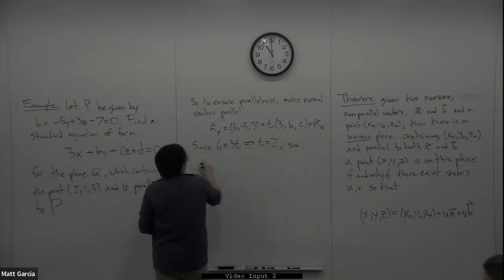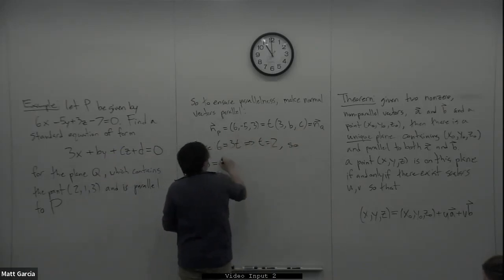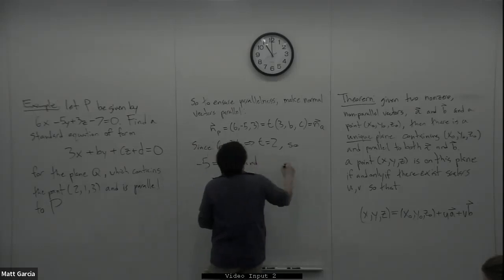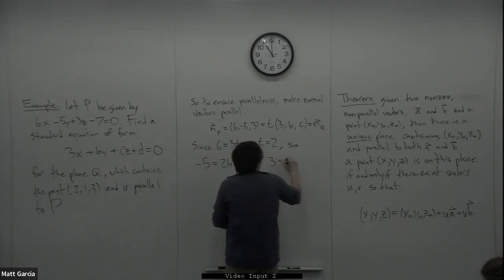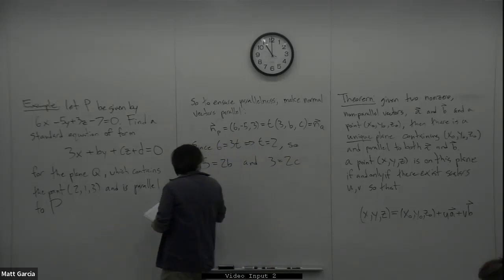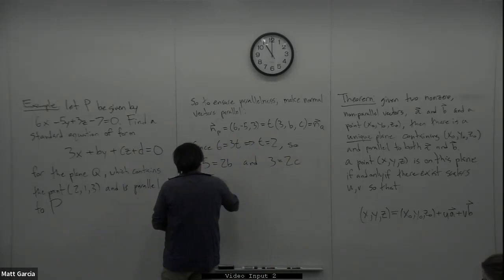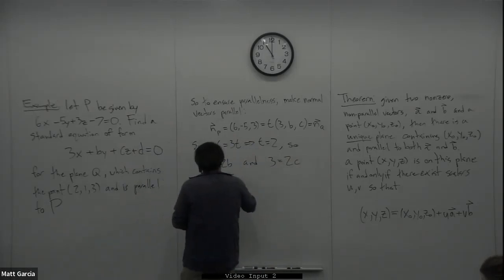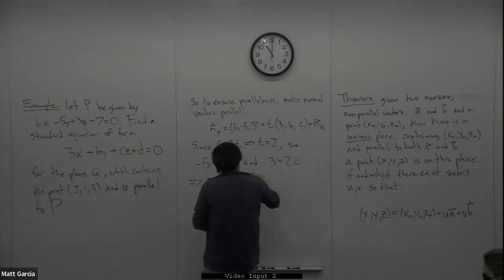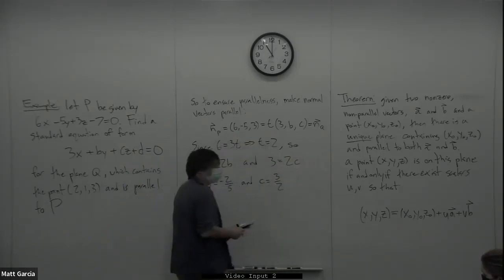So we get the equations -5 must be equal to 2 times b, and 3 is equal to 2 times c. Or in other words, B is equal to negative 5/2, and C is equal to 3/2.